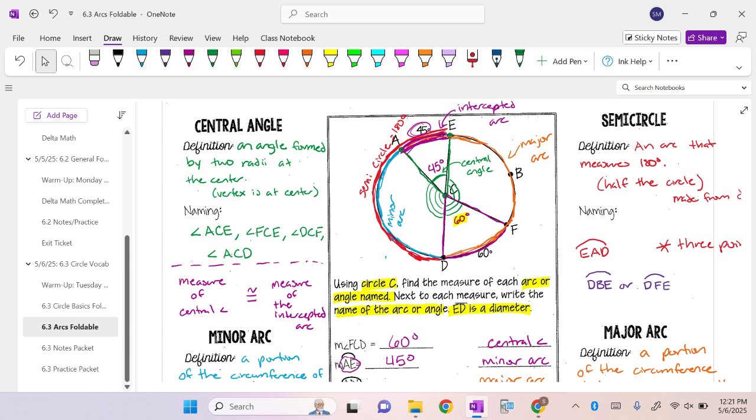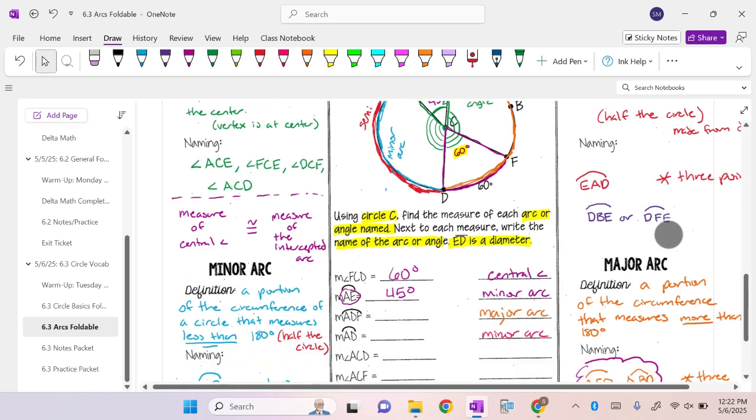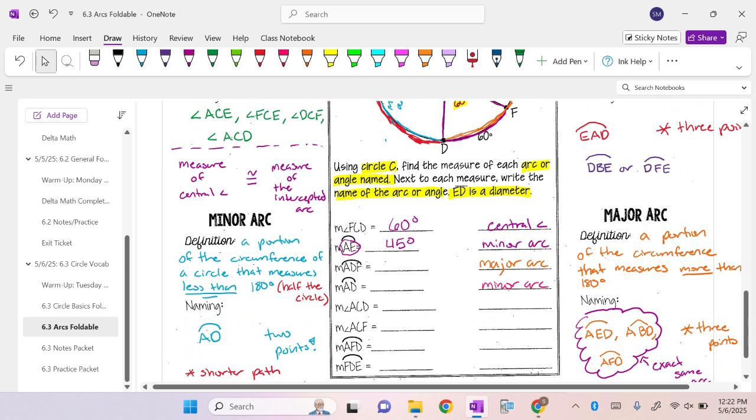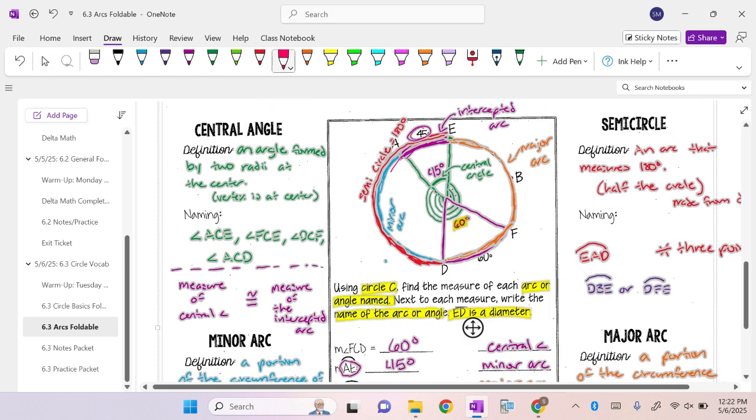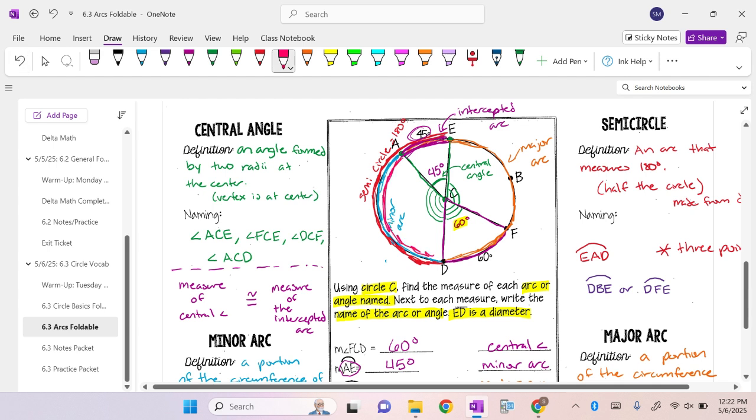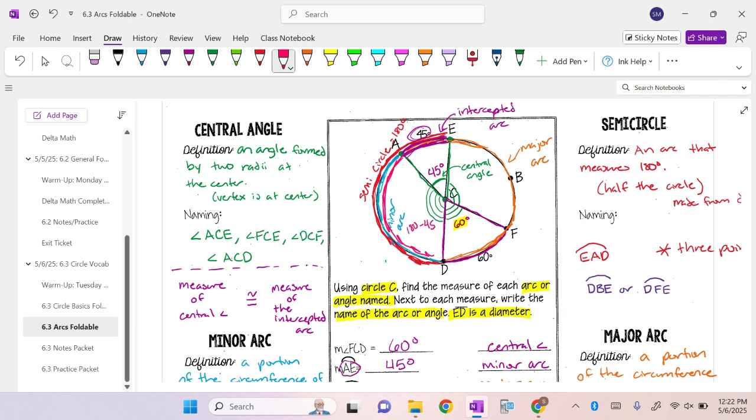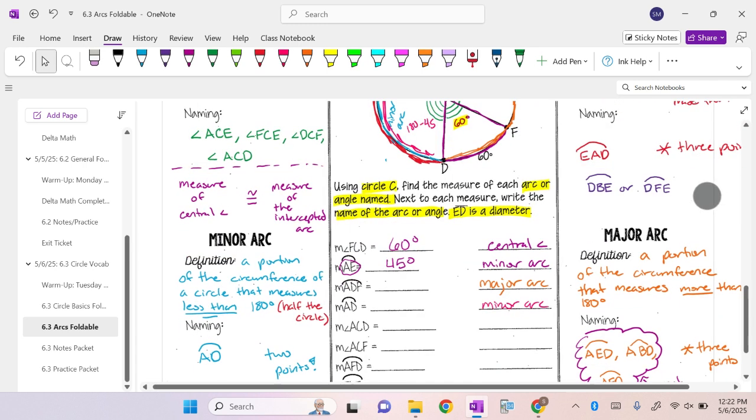AE, right here. So if D to E makes a semicircle, and we know a piece of it, which is AE, and the other piece is what we're trying to find, how do I find it? 180 minus 45. To find this arc, we're going to do 180 minus 45, and that will give me 135.